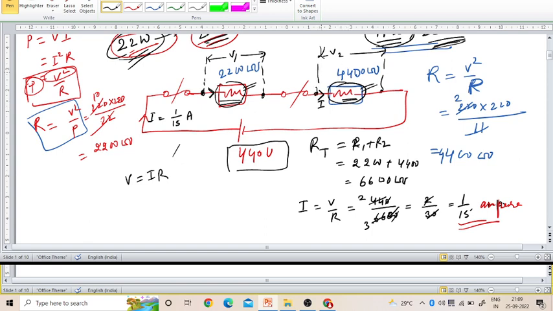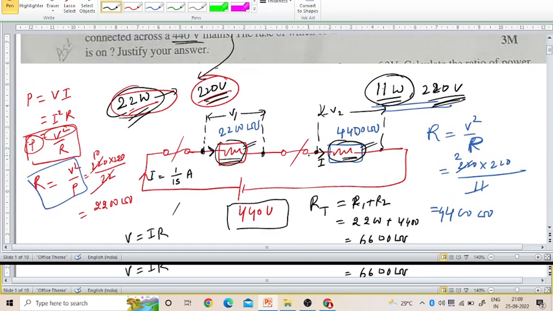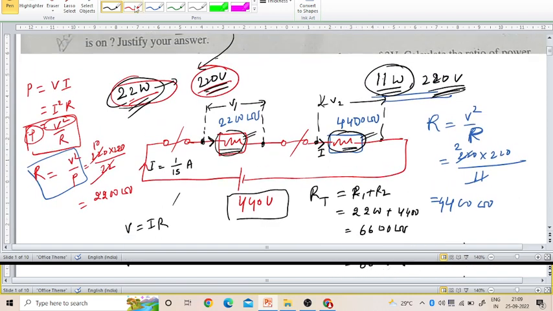So now we can easily calculate the voltage across each. For V2, we know V equals IR: I is 1 by 15 and R is 4400.